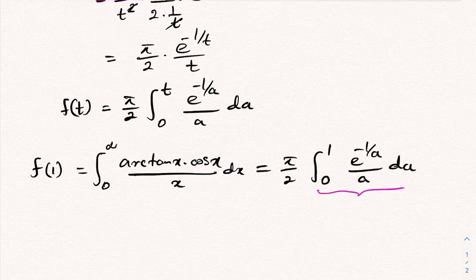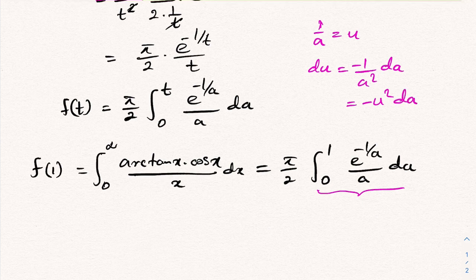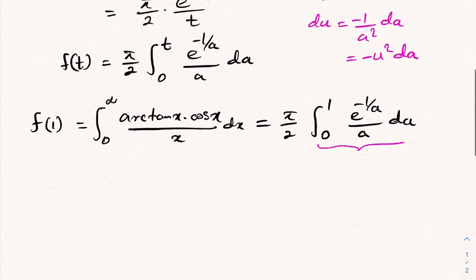To evaluate this integral, I am going to use a substitution: 1 over a is equal to u. Then if we differentiate, we know du is equal to minus 1 over a square dA. Then a is 1 over u, so here minus u square times dA. So we can plug in here pi over 2.